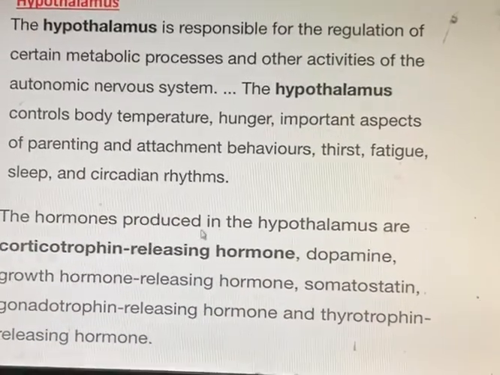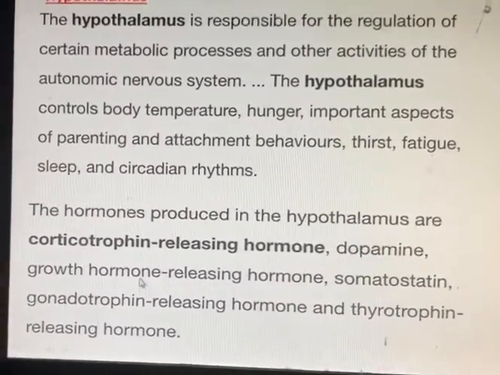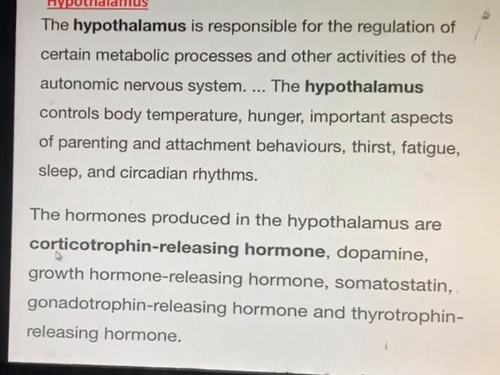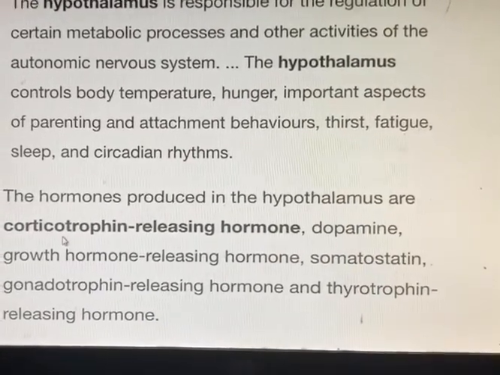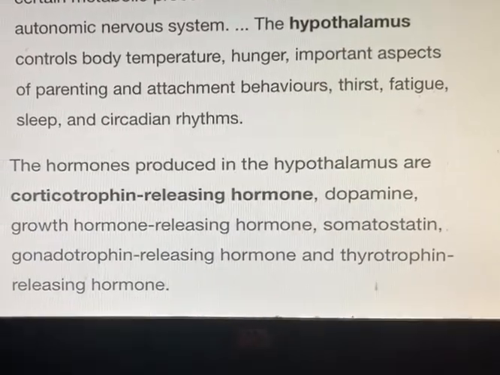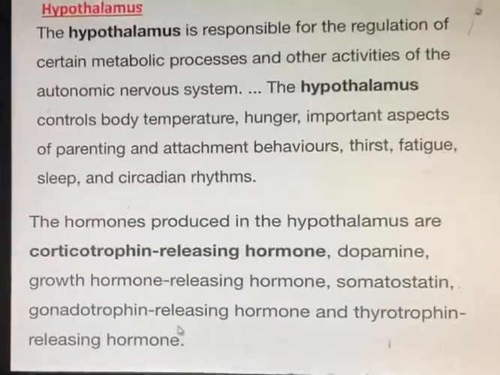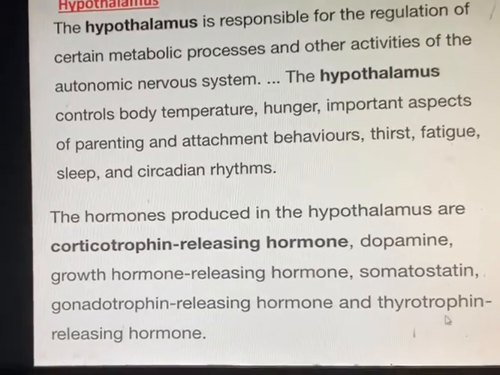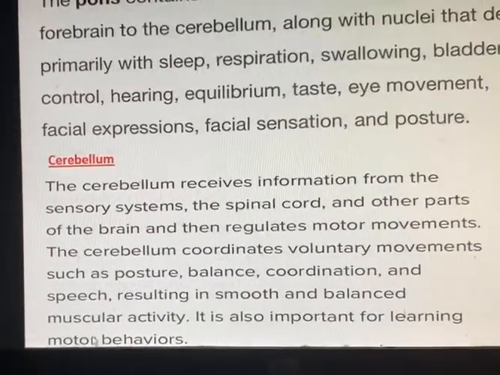The hormones produced in the hypothalamus play important roles, such as corticotropin releasing hormone, dopamine, growth hormone releasing hormone, somatostatin, gonadotropin releasing hormone, and thyrotropin releasing hormone.